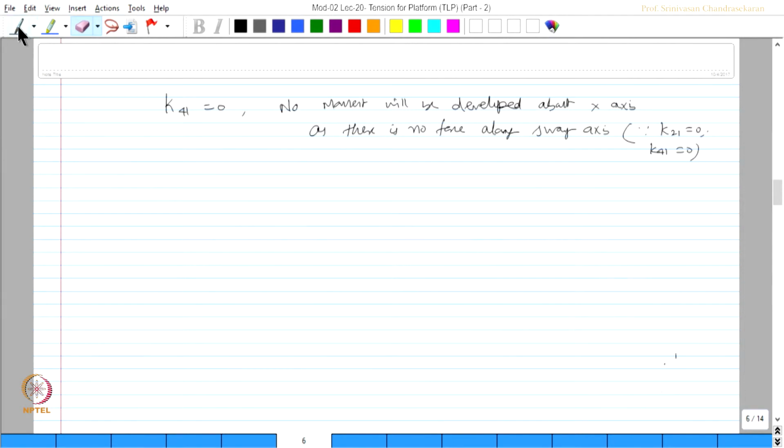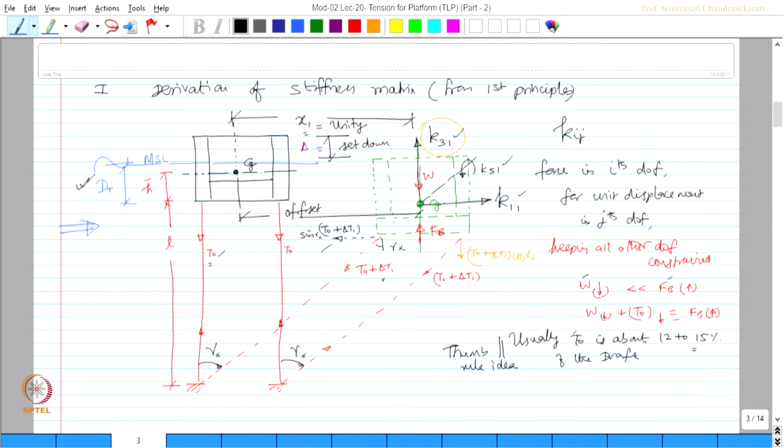Okay. Let us say like this. So, I call this as equation number 8. Let us talk about K51, the rotation. Okay. This is going to be anti-clockwise about CG.